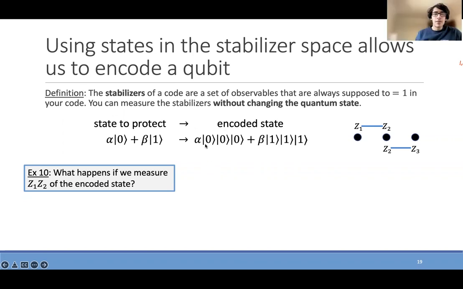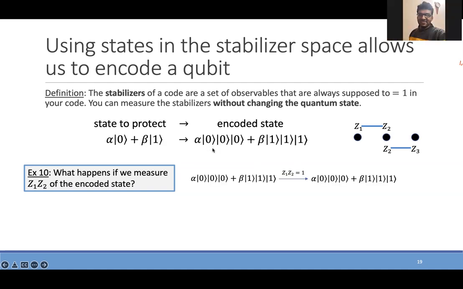Careful, because this first state has Z1, Z2 equal to what? 1. And the second one has Z1, Z2 equal to? Sorry, if I understand correctly, Z1 is on the first qubit, right? Yes.